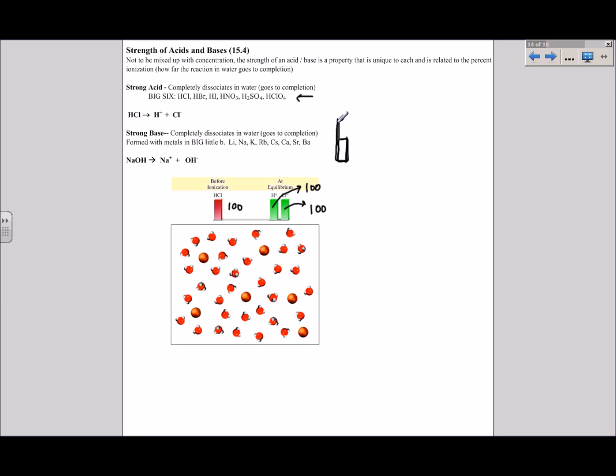So it looks like a lowercase b. And these are soluble hydroxides. So if you look back at your solubility rules, these are the hydroxides that are soluble in water. And being soluble, they will completely dissociate. So for every 100 sodium hydroxides I put into solution, I will dissociate to produce 100 sodium ions and 100 hydroxide ions.